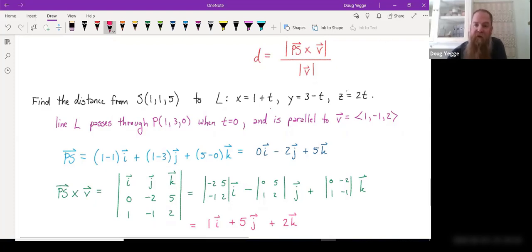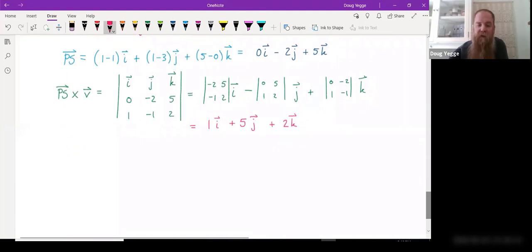So now you should realize that we virtually got most of what we need. We needed PS cross v, we needed vector v, but in order to find the distance between the point and the line, we need to take the ratio of their magnitudes. So now we just have to find the magnitude of PS cross v divided by the magnitude of vector v.